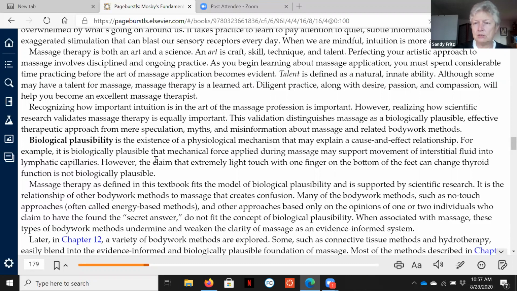We still are searching for that with massage, and it may be always hard to find because there's so many small components and factors involved with the massage therapy practice, the relationship. And it's hard to tell what caused what.